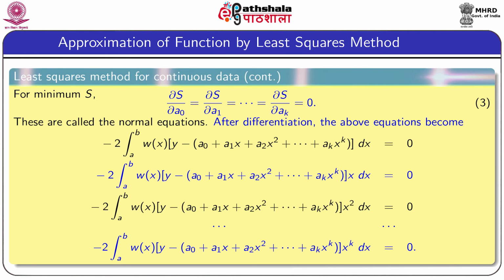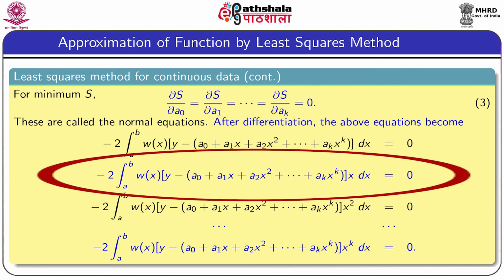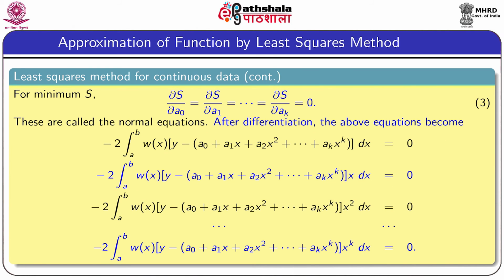This is the first normal equation obtained from del S del a0 equal to 0. The second normal equation, obtained from del S del a1 equal to 0, is minus 2 integration from a to b of w(x) into (y minus (a0 plus a1x plus a2x square plus ... plus akx to the power k)) into x into dx equal to 0.